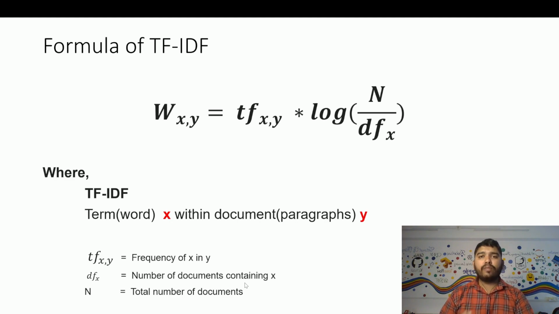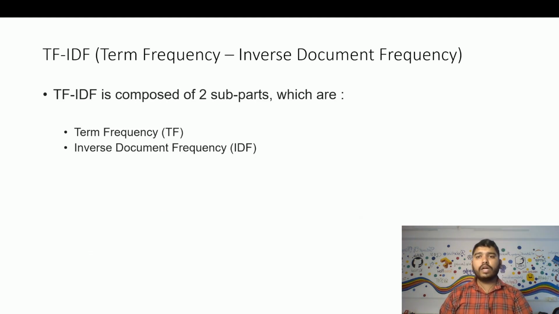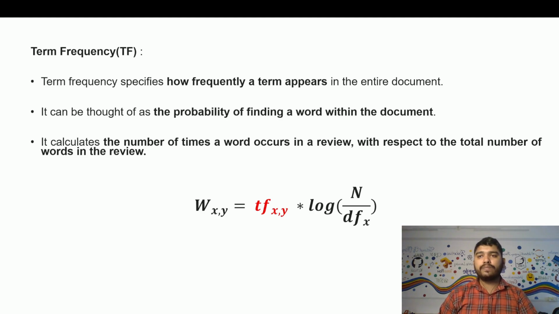Let's separate this formula and understand each of these components one by one. As the name implies, TF-IDF is composed of two subparts: term frequency, which is TF, and inverse document frequency, IDF. First, TF, which means term frequency, specifies how frequently a term appears in an entire document.